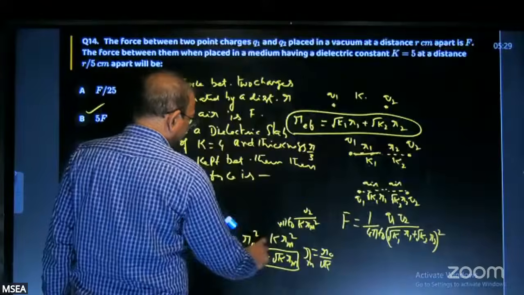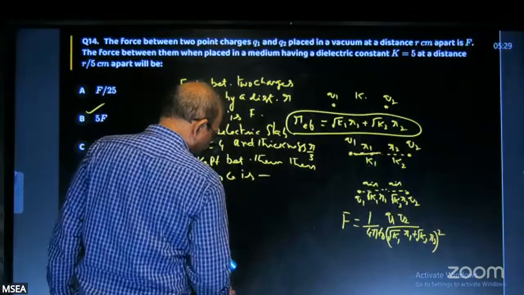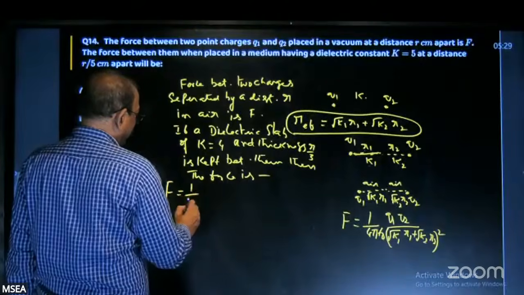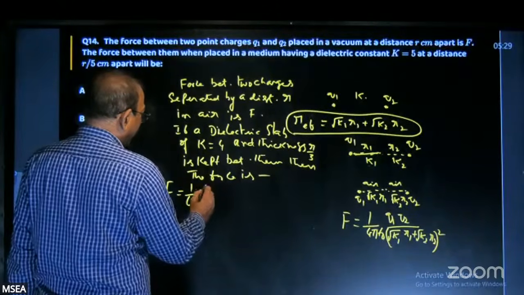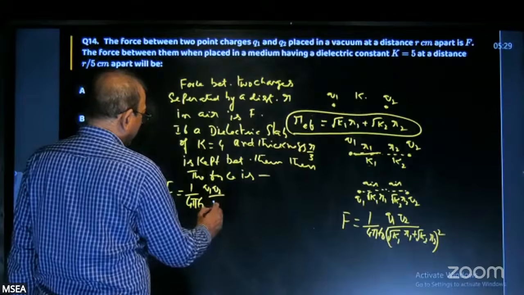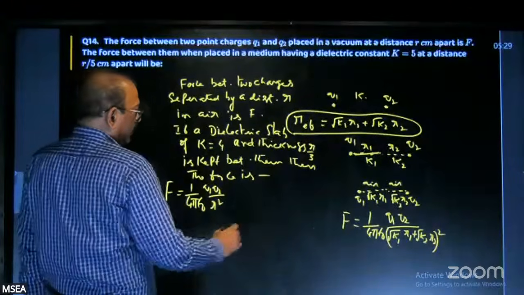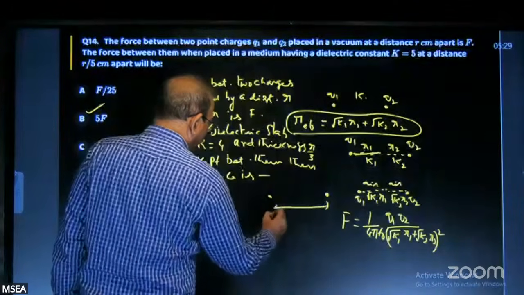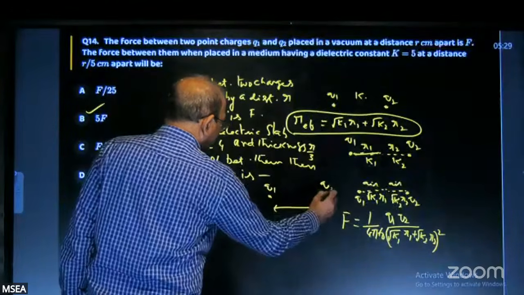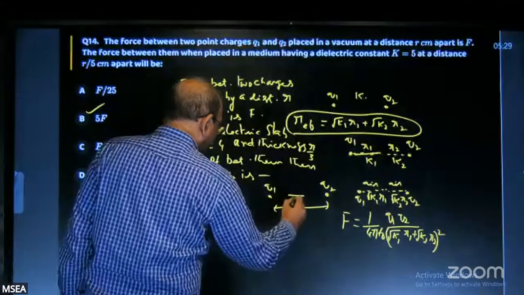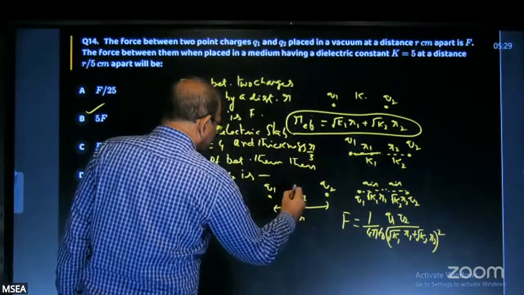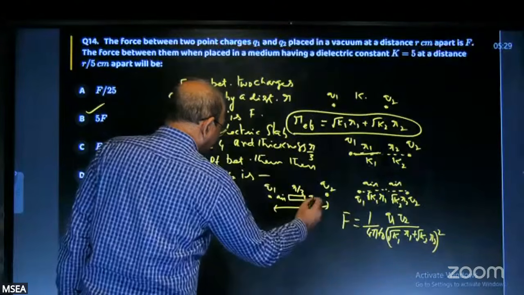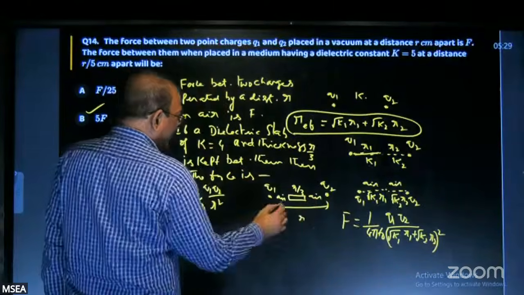So here, between these two charges, when air is there, force is 1 by 4 pi epsilon naught q1 q2 by r squared. But between these two charges, which are separated by r distance, if you put a dielectric slab of thickness r by 3, this remaining distance here, air only is there.